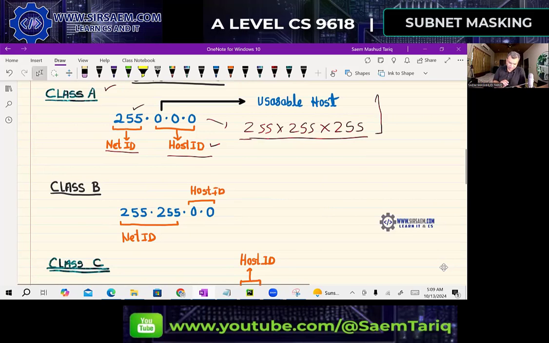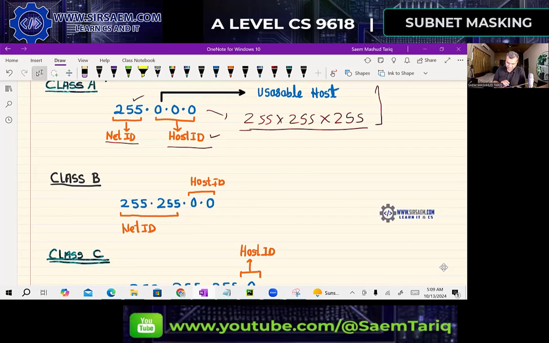Class B has 255 into 255 as the network portion, and the usable host ID in this case will be 255 into 255. This is the number of hosts I can have in class B. We can use these in multiple places, for example, wherever public surveillance cameras have to be installed.